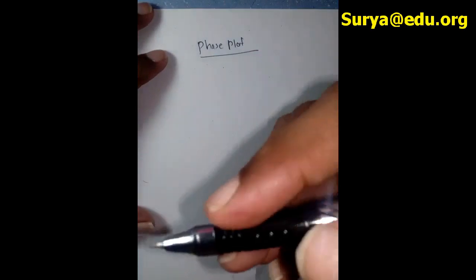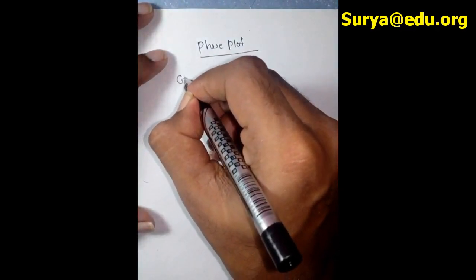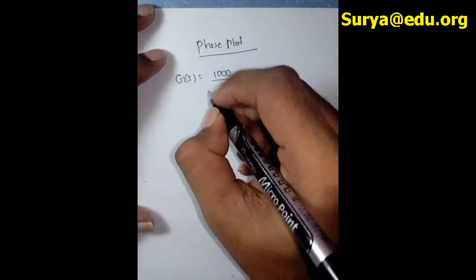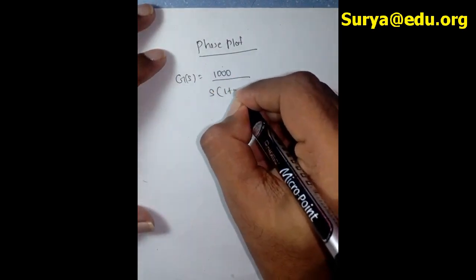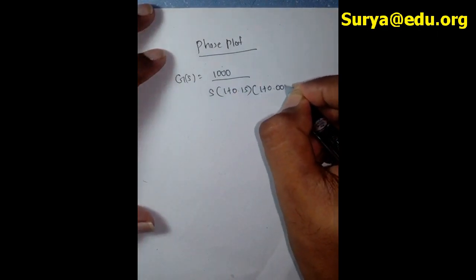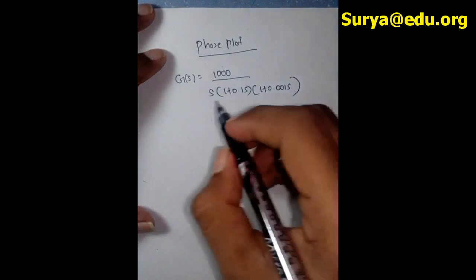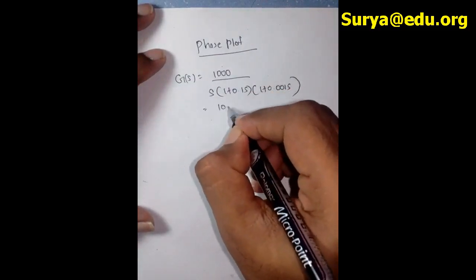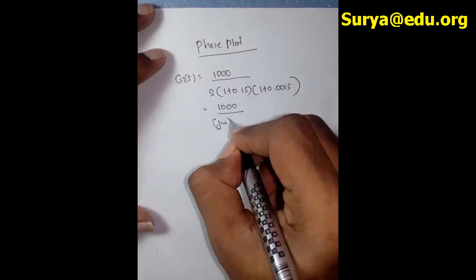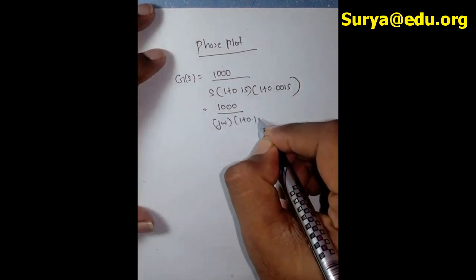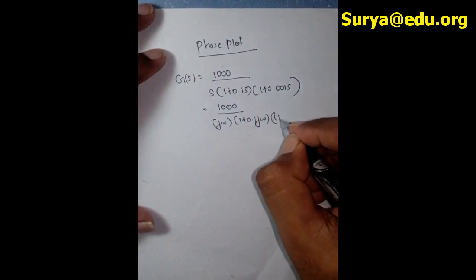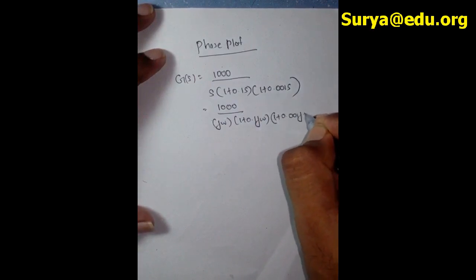We know G of S equals 1000 divided by S times 1 plus 0.1 S times 1 plus 0.001 S. Then we just replace S with j omega: 1000 divided by j omega times 1 plus 0.1 j omega times 1 plus 0.001 j omega.